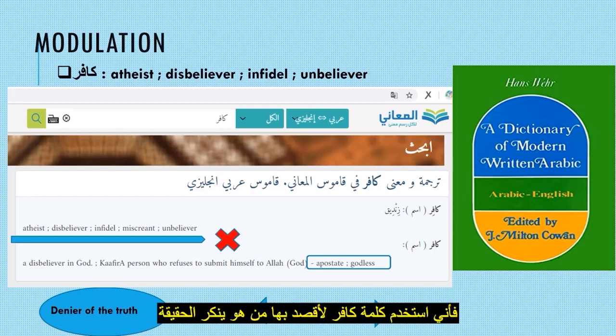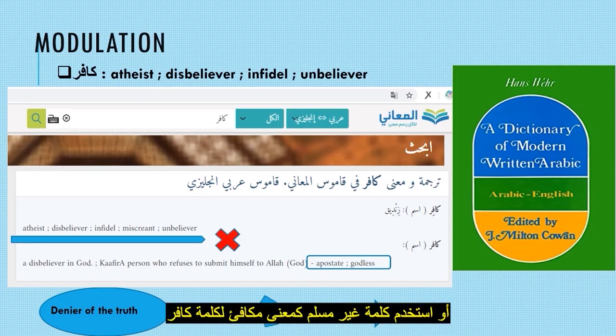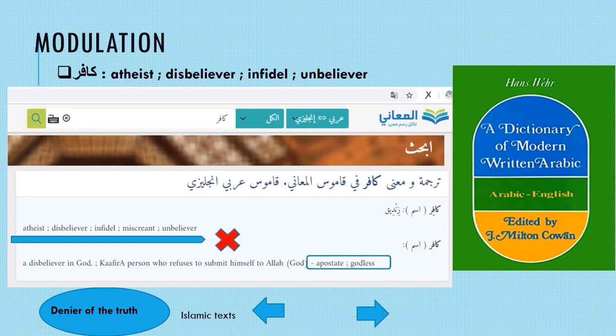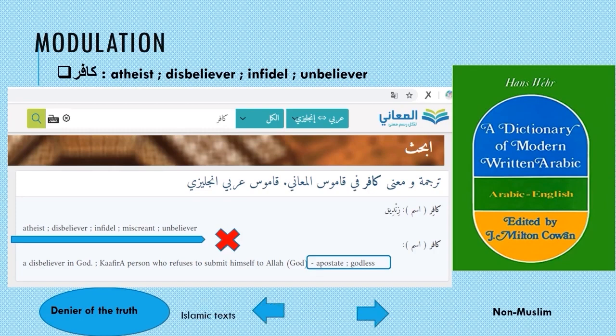I use the word kafir as a denier of truth, or I can use the word non-Muslim as an equivalent for the word kafir when I try to communicate with others. It's very useful to use this word non-Muslim for interfaith dialogue.